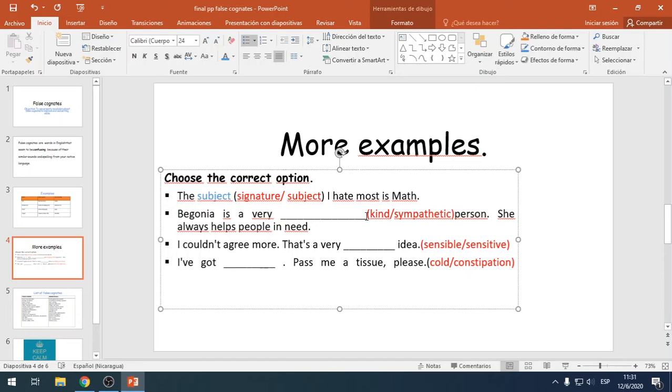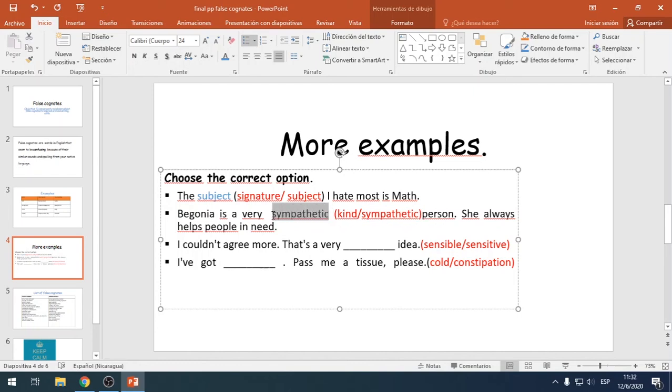Y kind es amable. So in the context of the sentence, what is the best word to complete the sentence? So the best word to complete the sentence based on the context is sympathetic. Okay? Sympathetic. There you are.